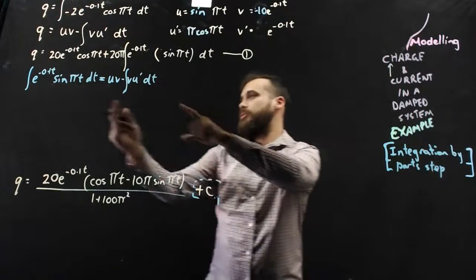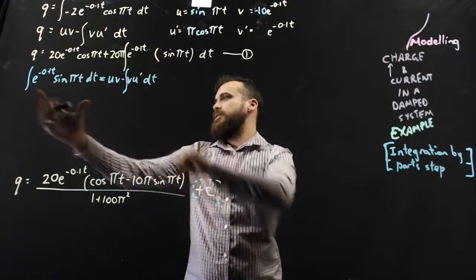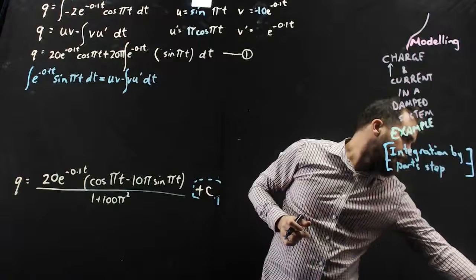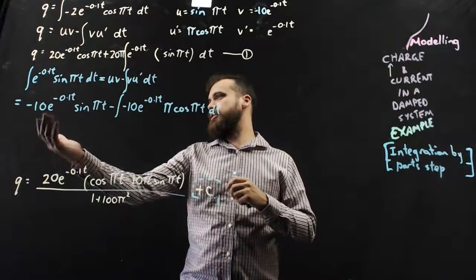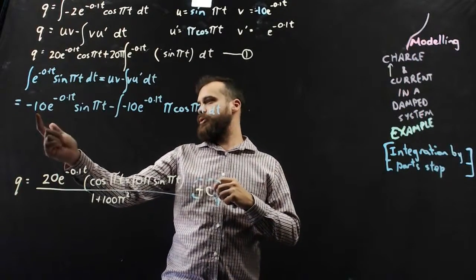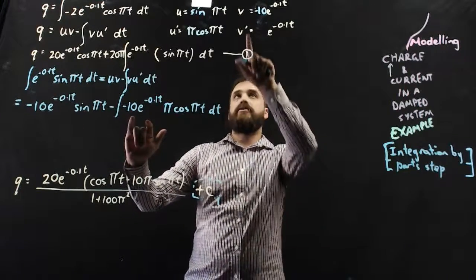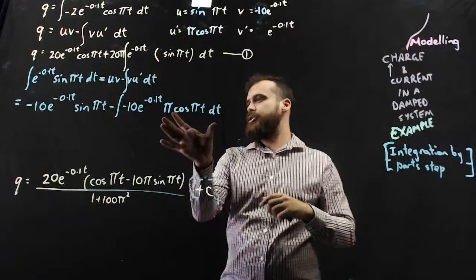So I can sub all of that into this, and I'll have a value for this one here. Alright, so I've subbed in my values here, uv minus the integral of v u dash.